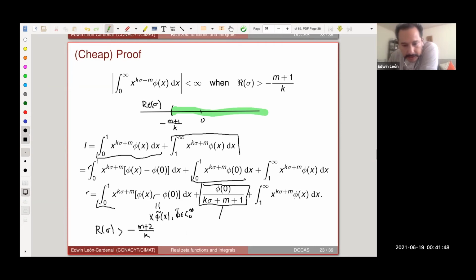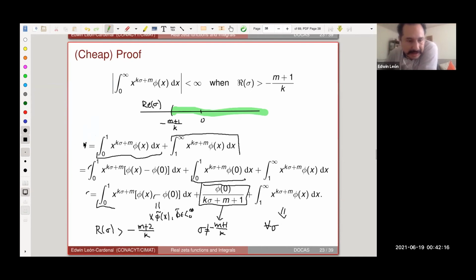Now, this second term is well defined when sigma is different from minus m plus 1 over k. And this is well defined for any sigma.